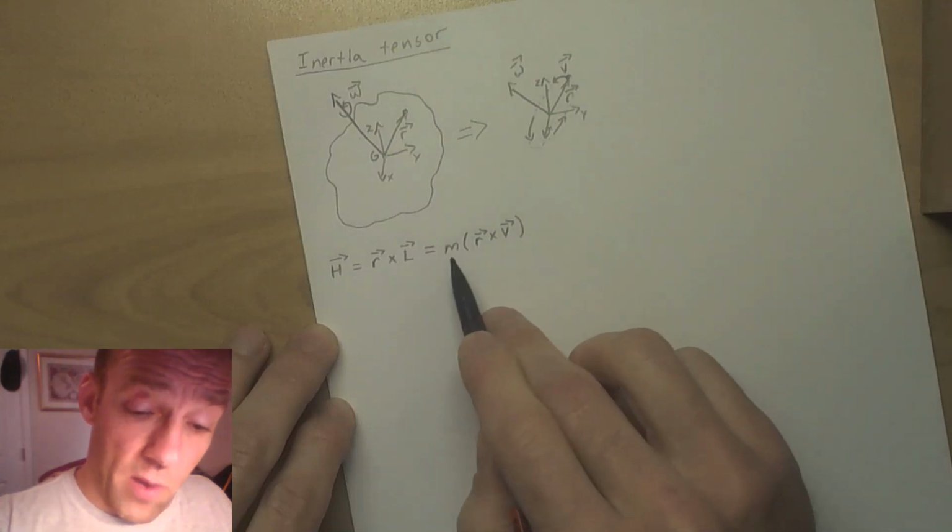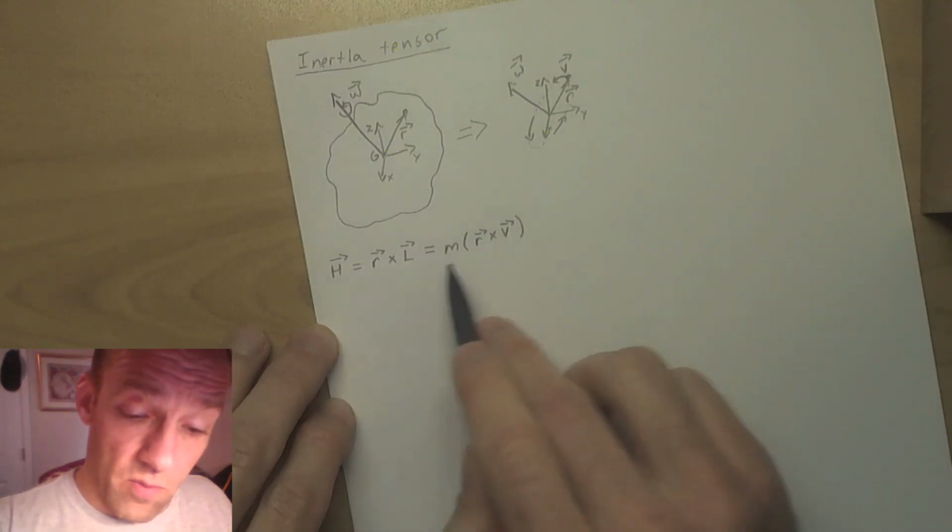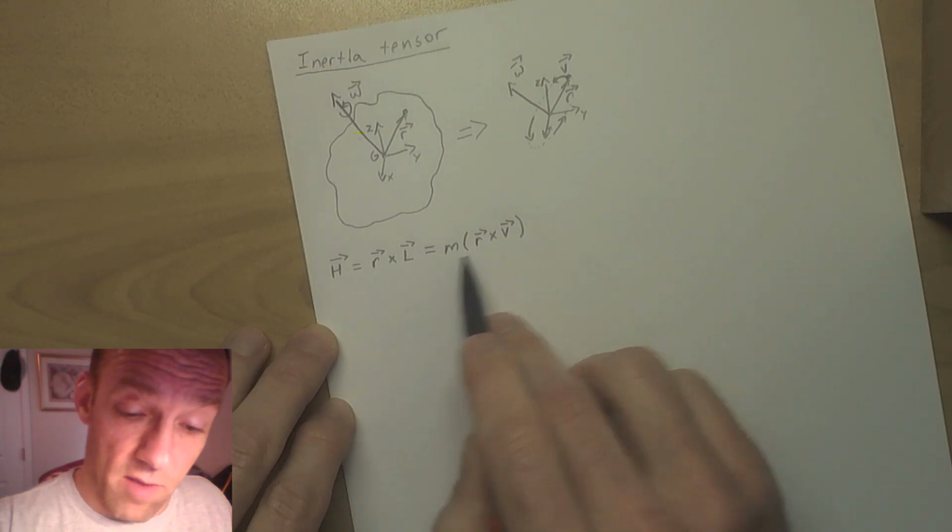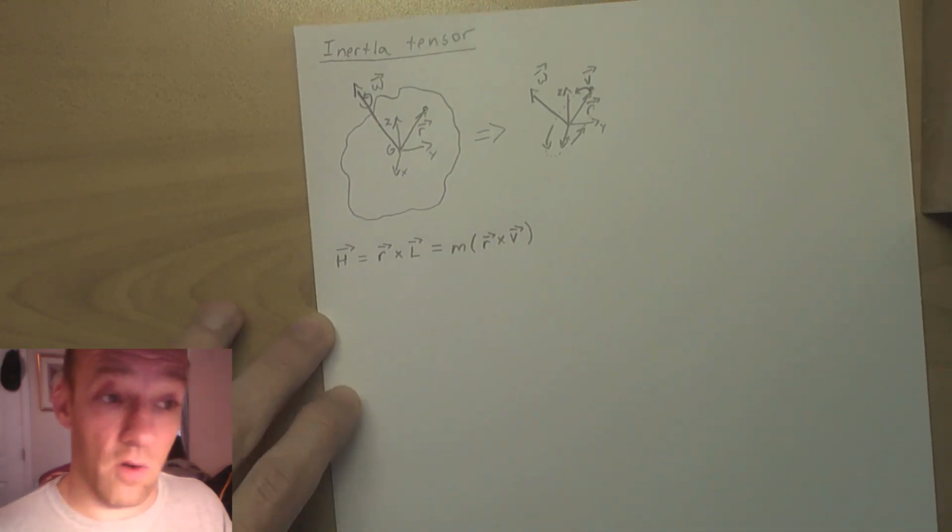And the linear momentum is mass times velocity, so the angular momentum is just mass times this cross product, r cross v.